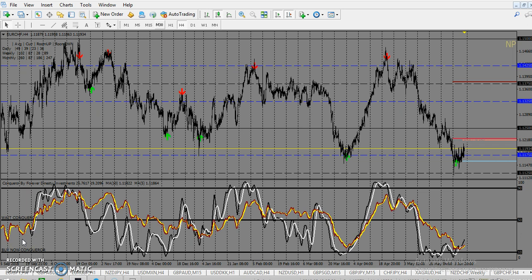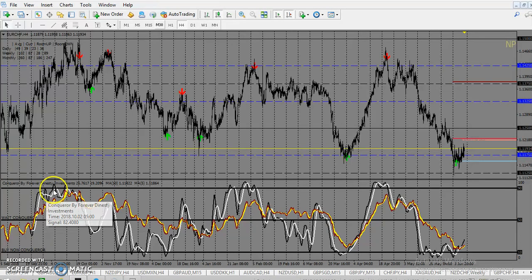Now the question becomes, how do you get the precise entry point where the trend begins? This is where the software comes in. This is where the Conqueror software is most precise at entry. Remember that these videos have been based on our Conqueror.